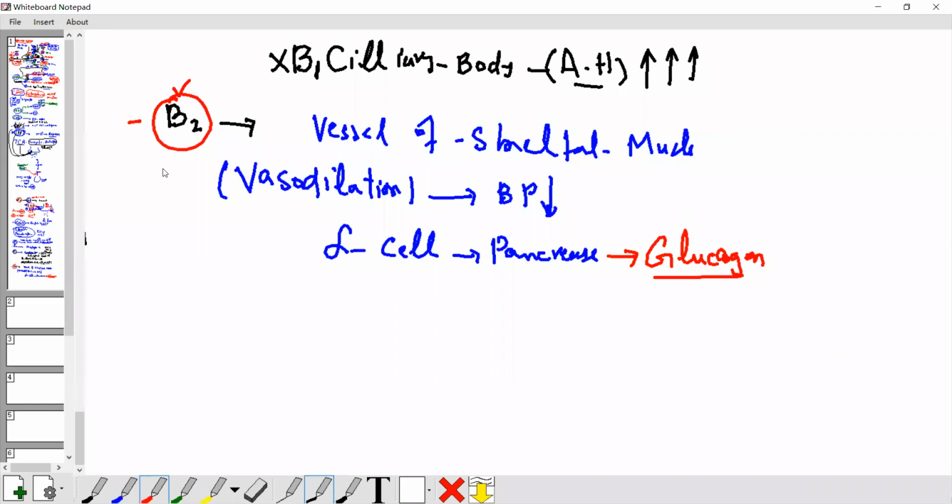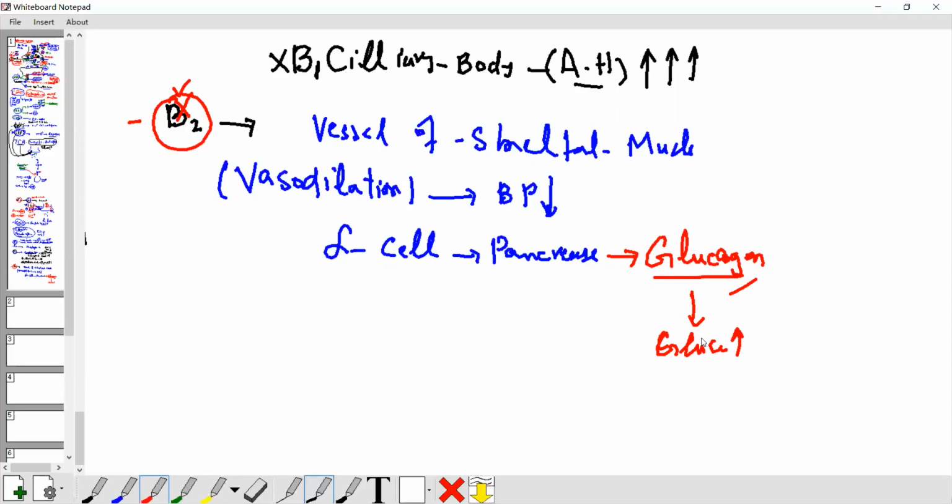If a patient has diabetes and is also hypertensive and you want to use a beta blocker, what happens to the sugar level? Why the beta blocker? If you block beta, glucagon decreases. Glucagon increases glucose. Understand? So what does the sympathetic system do in your body?